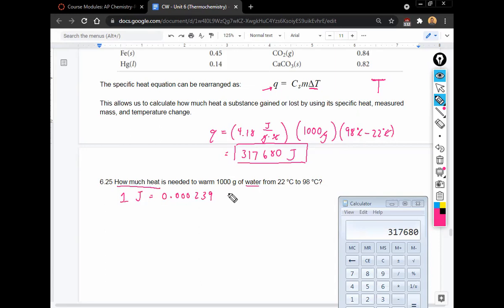All right, so the calories in our food, okay, 1 joule is equal to 0.000239 calories. So I want you guys to figure out how many calories it takes in order to do this heating up, to heat up 1,000 grams of water from 22 degrees Celsius to 98 degrees Celsius. So basically bringing it from room temperature up to boiling.